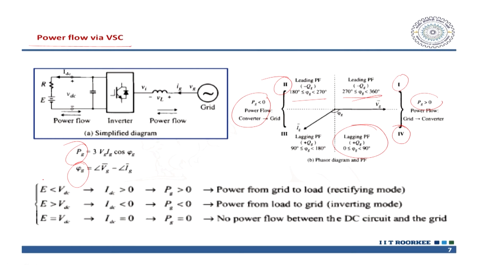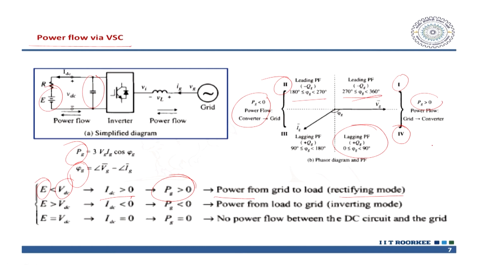So, generally if this voltage is VDC and the battery voltage is E, very simple, if VDC voltage is more, that means it is charging the battery. So, IDC is positive and thus Pg is positive, and the power flows from the grid to the load, and it is the rectifier mode.